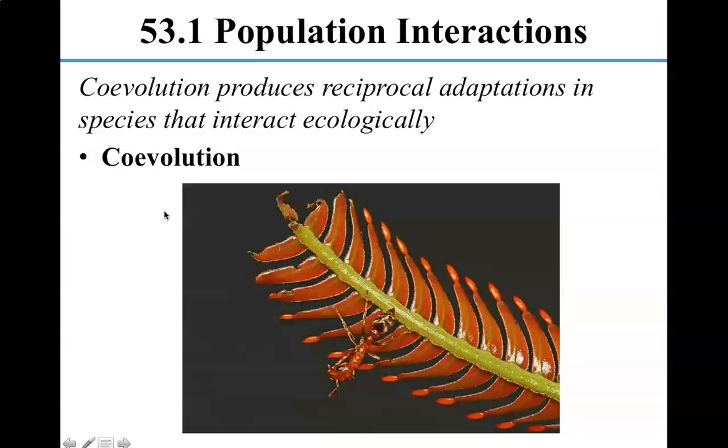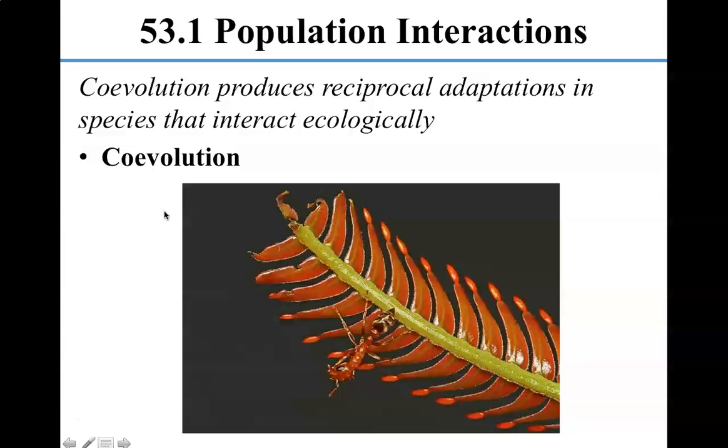So a classic textbook example, which your textbook uses, is cheetahs and antelopes. So they've co-evolved together, not in a mutualistic way where they're both benefiting, but natural selection is shaping them directionally in a similar way. So as antelopes get faster, they're going to be able to outrun more cheetahs. And as the antelopes get faster, the cheetahs need to get faster. So the cheetahs eventually evolve to become faster, and then they catch more antelopes.